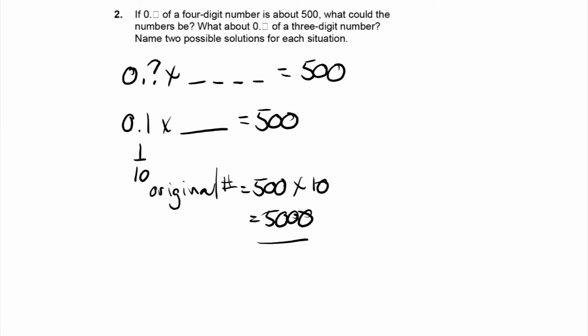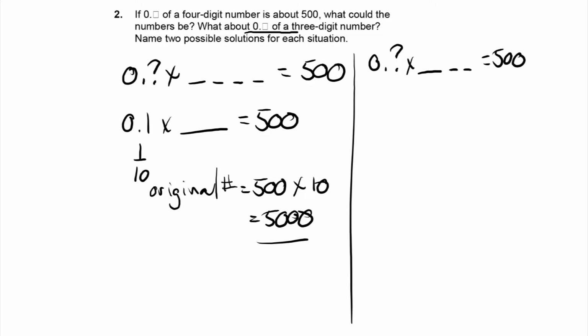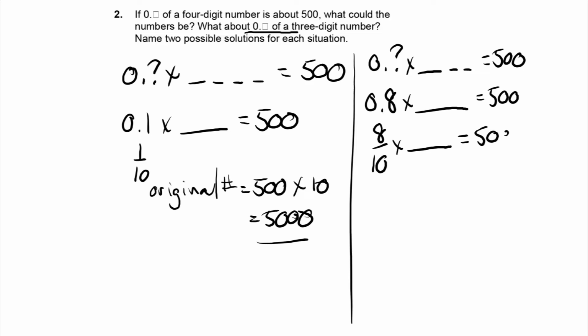We also need to now do a similar method and look for a 3-digit number. So for a 3-digit number, we've got 0 point something times a 3-digit number is equal to 500. I'm going to choose 0.8 times that 3-digit number is equal to 500. So this is 8/10 of that number is equal to 500.